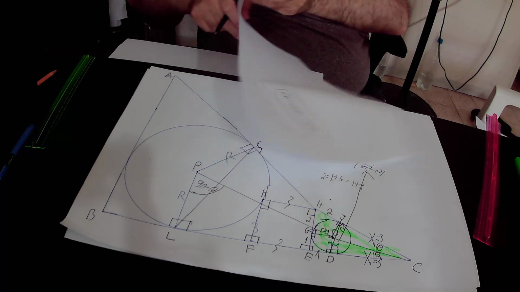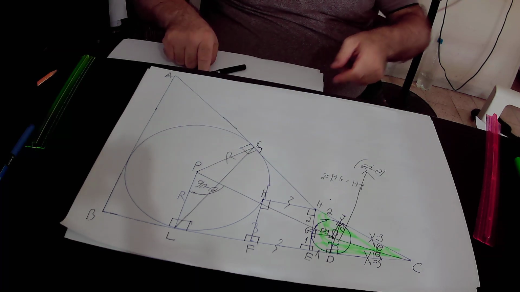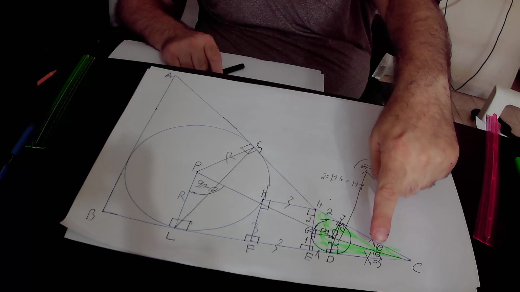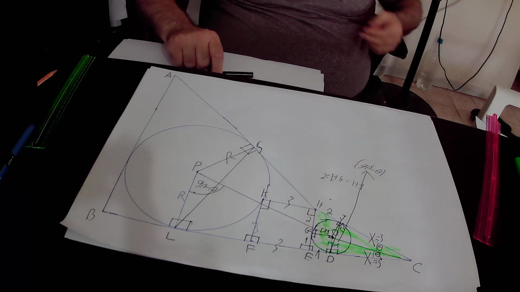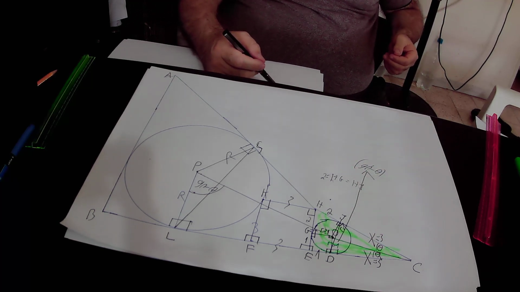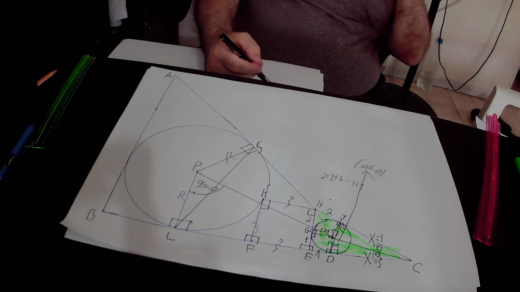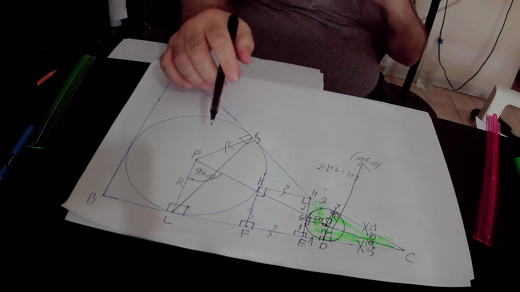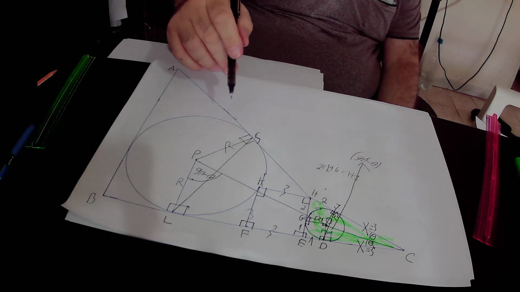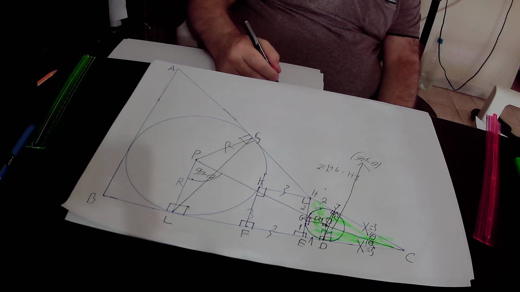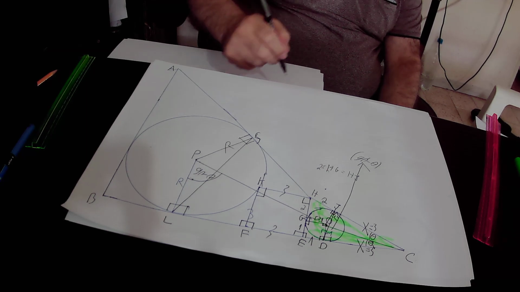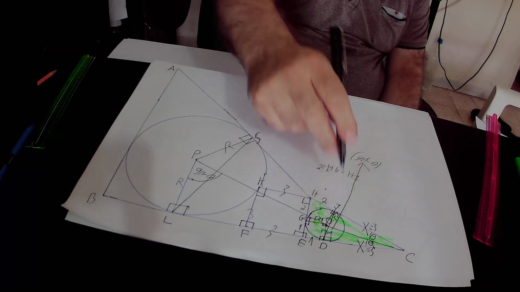And finally, we have this angle theta. This angle theta is a common angle that belongs to both triangles, so angle theta equals itself. So angle theta equals angle PCL, and we can also call it angle OCD.